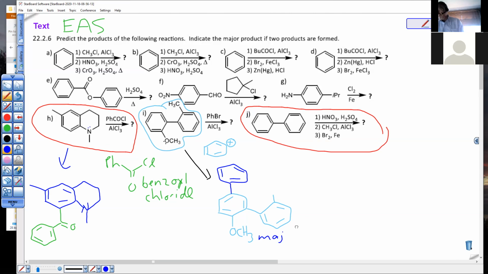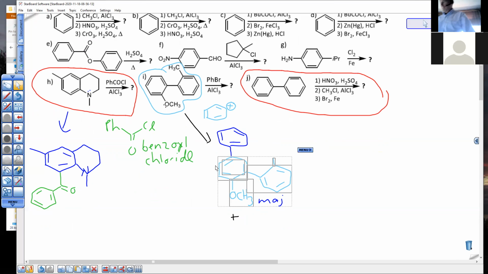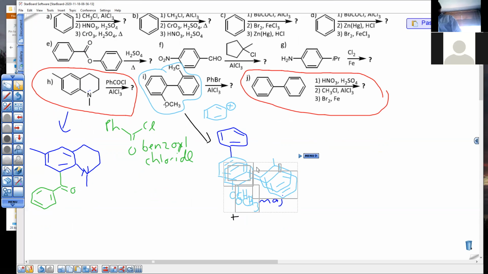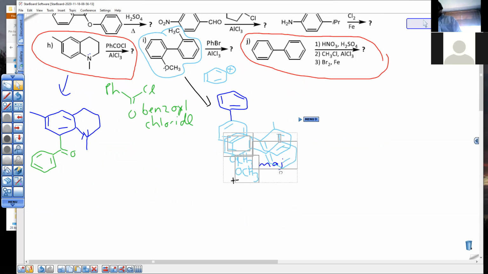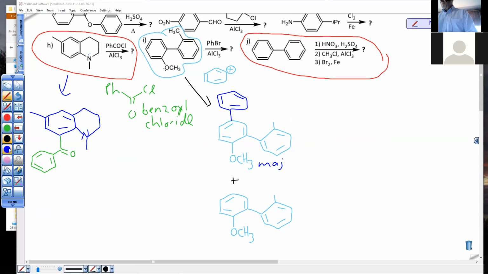And minor would be ortho to the OCH3. Let's see what I can get away with here. So far, so good. And we got a phenyl ortho to the OCH3. And that'd be minor.